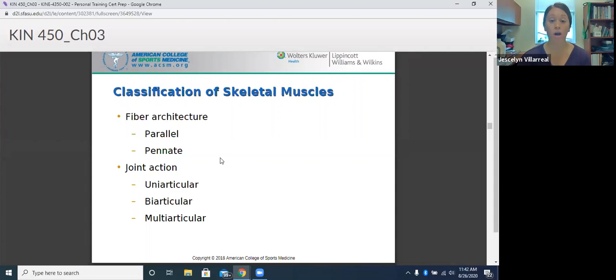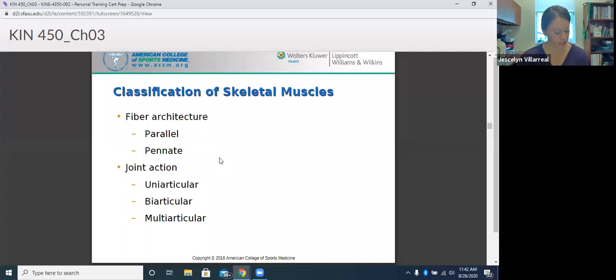Unipinnate fibers are on one side. Bipinnate is two fibers on two sides. Multipinnate is two or more attach obliquely and combine into one muscle. I'll show you some photos here in a sec. Joint actions are uniarticular, biarticular, and multiarticular.